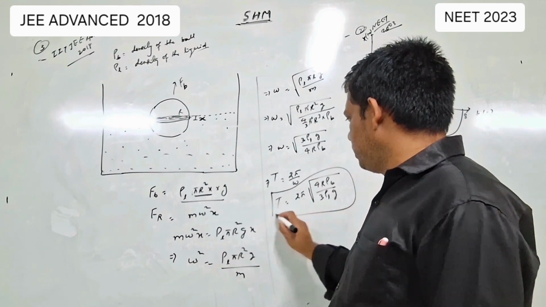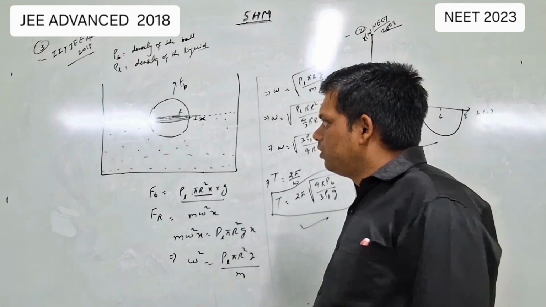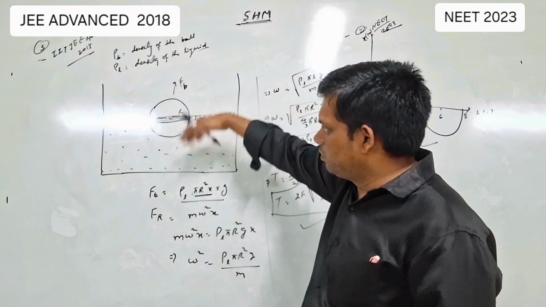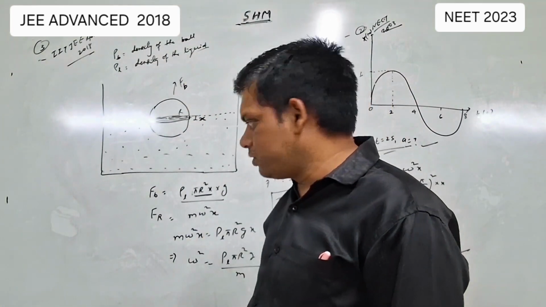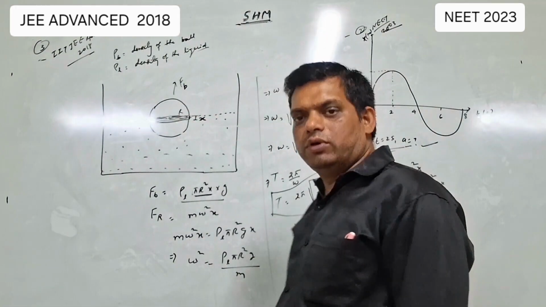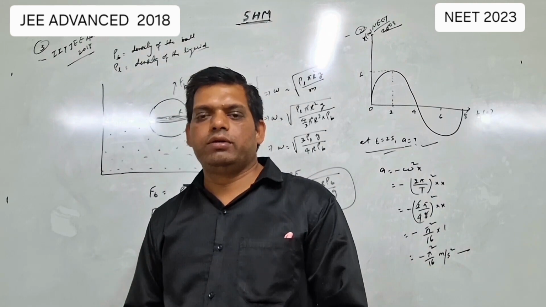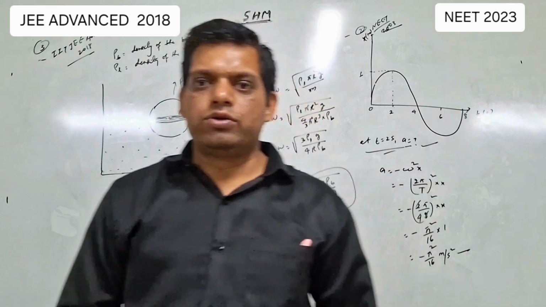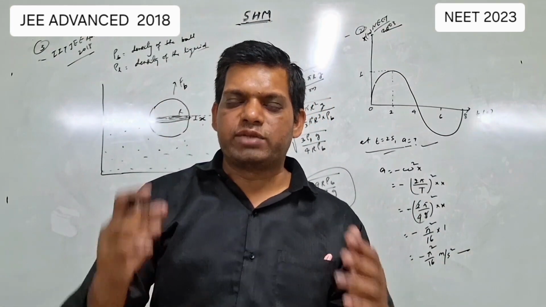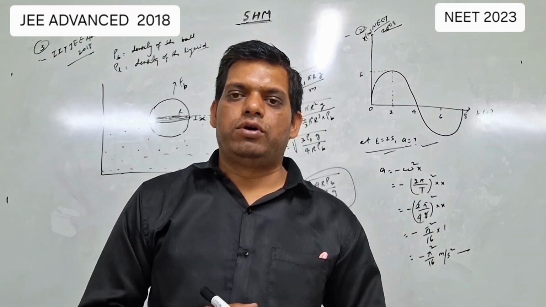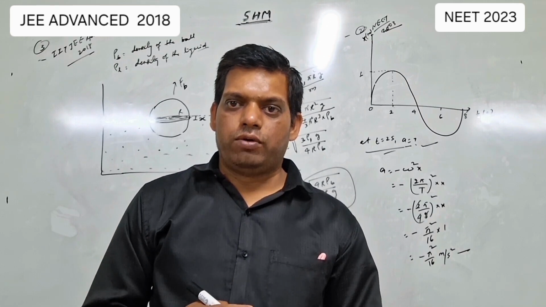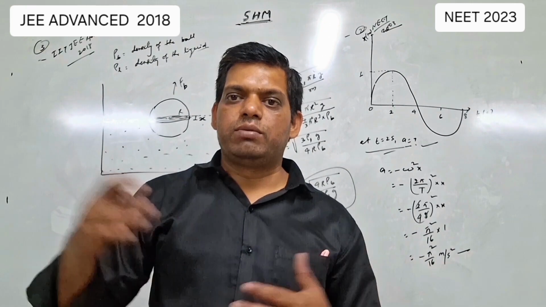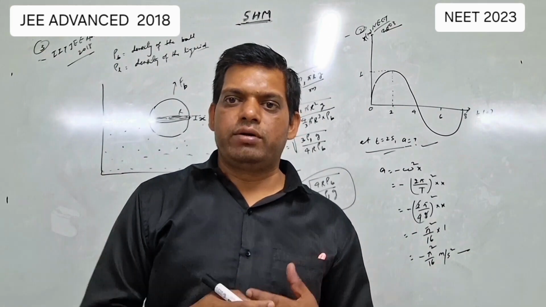So in this way we can easily determine the time period of the ball which is moving in simple harmonic motion. I hope that your concept is clear regarding SHM, and also we can derive the expression for the velocity of simple harmonic motion. Also we can derive the expression for the displacement in terms of time.